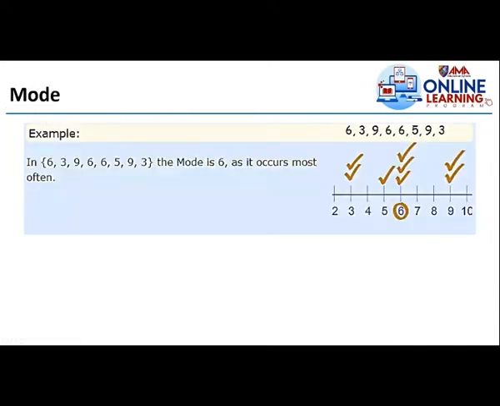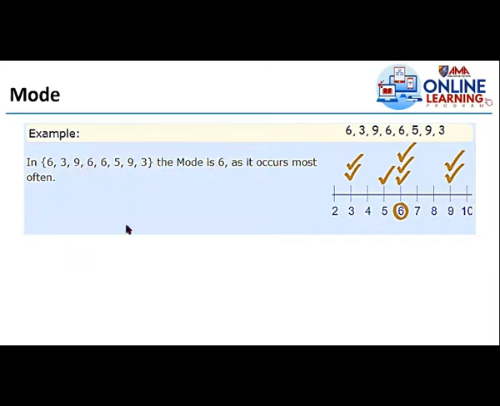Mode. Napakadali lang ng mode, guys. Kung sino yung pinakamaraming repetition ng number, yun yung mode. So, in this data set, guys: 6, 3, 9, 6, 6, 5, 9, 3.